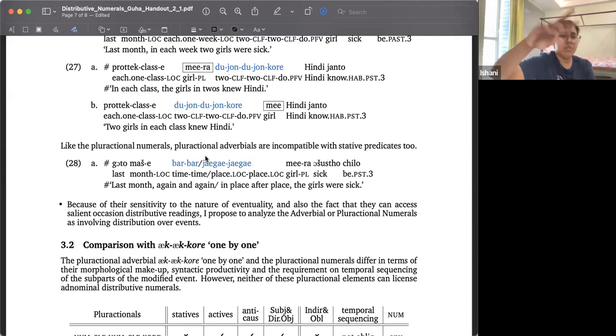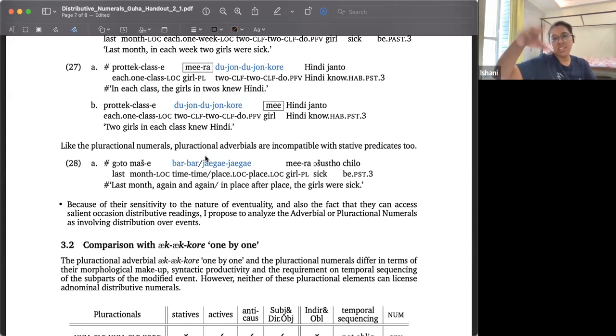So let me tell you briefly what I made out of these distributional facts: the moment there is sensitivity to eventuality, I have to bring events into my semantics. I mean, I have events in my semantics even for abnominal ones, but the distribution has to be on eventualities, on events.